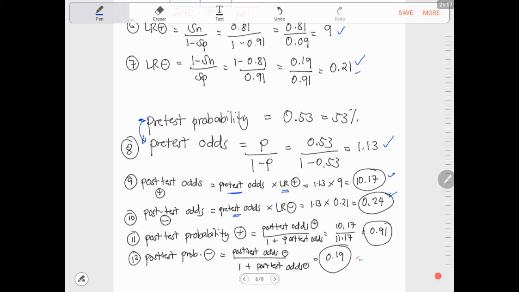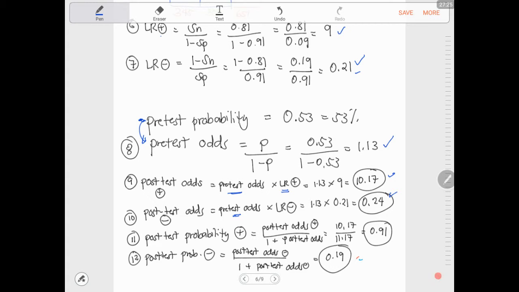Post-test probability, it's the chances of getting a positive result if you use the test. In the same way, the post-test probability negative is the chances na magne-negative ang patient for a particular disease using this test. So, how do you do it?